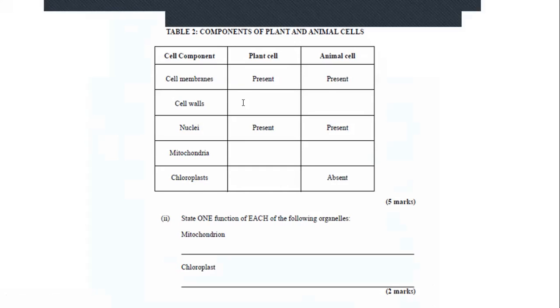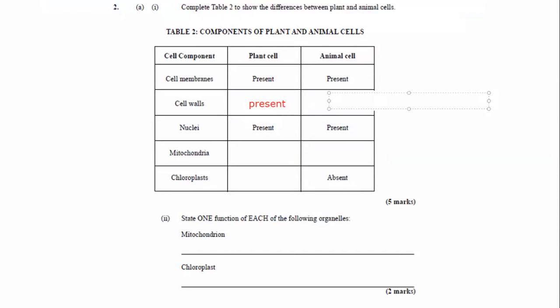So it's present here, but in here it is what? Absent. Nice. Nucleus: present in plant cell, present in animal cell. Mitochondrion or mitochondria, plural: present in both. All right, it's both.